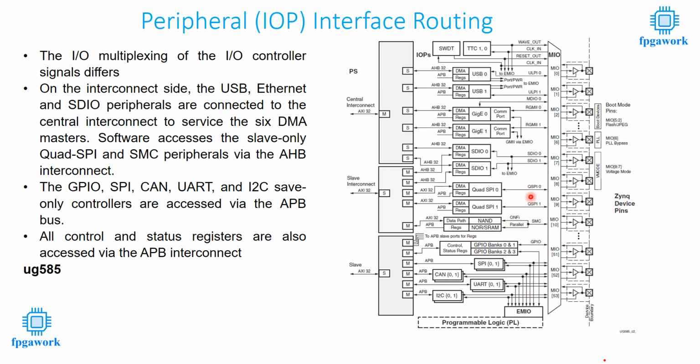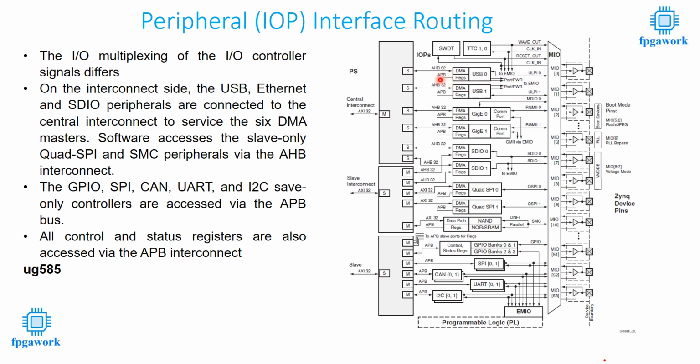In the same way, QSPI can only be routed to MIO. Again, if we see here, USB is a high data rate I/O peripheral, so it will be communicated with the PS via a high data rate bus protocol.